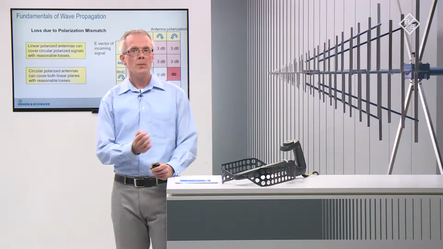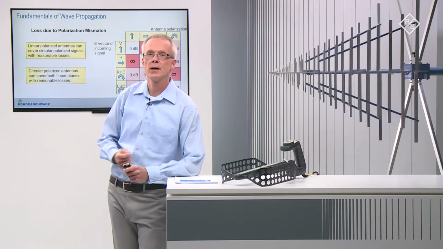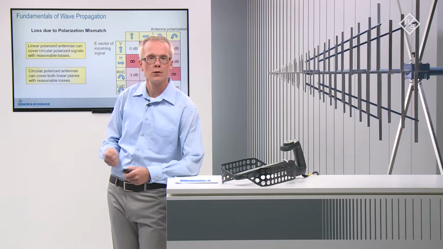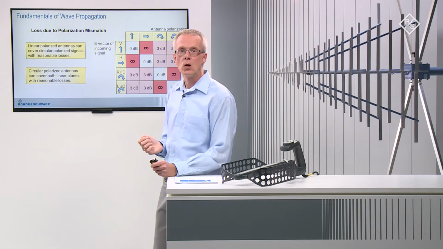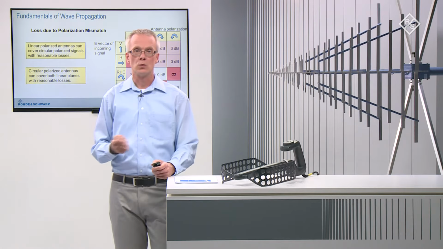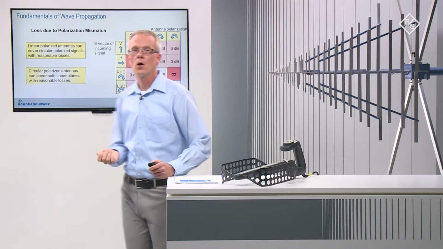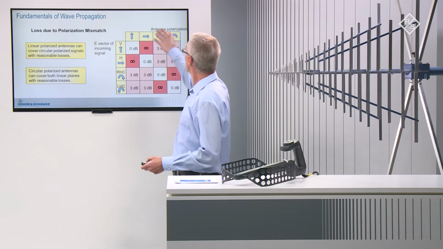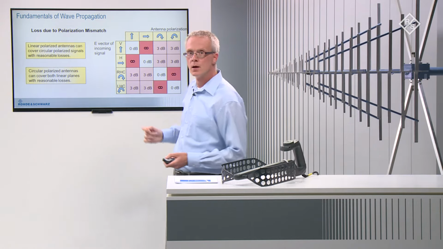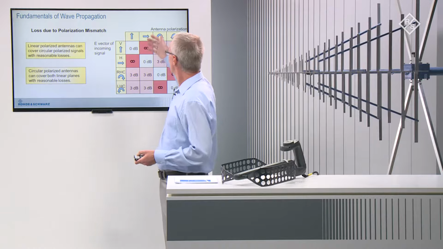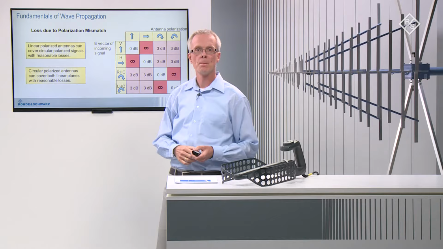Now, what happens if the polarization of the antenna does not match the polarization of the received signal? The shown table indicates the loss that occurs due to polarization mismatch. The horizontal axis shows the antenna polarization, while the vertical axis shows the possible polarization of the incoming signal.